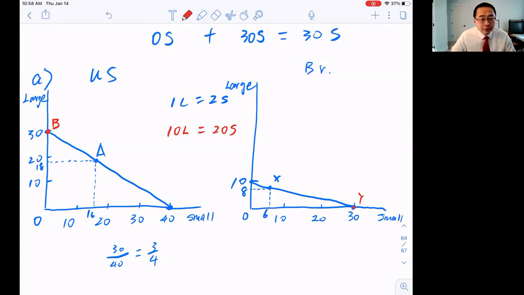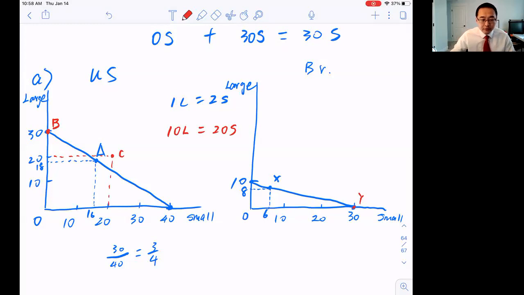So now let's look at where our consumption is. We made 30 large at point B. We sold 10 to Brazil, so that means we have 20 large left for our own consumption, right? And for the 10 we sold, we got 20 small airplanes back. So our consumption now is at 20 large and 20 small, point C, right?